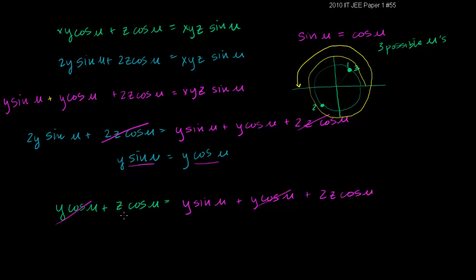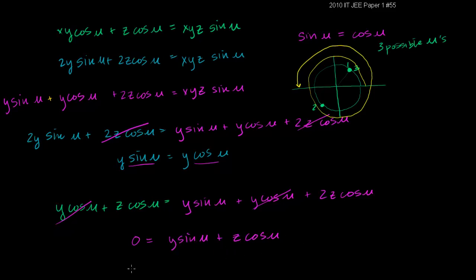And so we would get 0 is equal to y sine of u plus z cosine of u. And this seems like a pretty benign statement. Y sine of u plus z cosine of u is equal to 0.